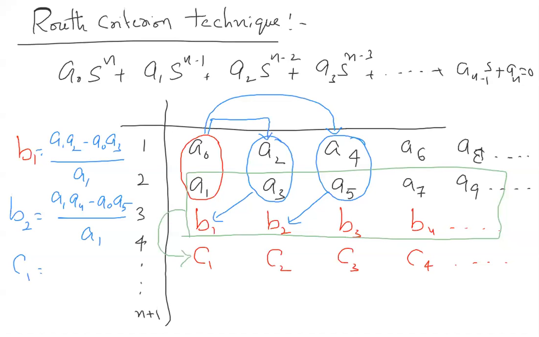You have to take these two, so that is B1 A3 minus A1 B2 divided by B1. What is C2? B1 A5 minus A1 B3 divided by B1. So like this.